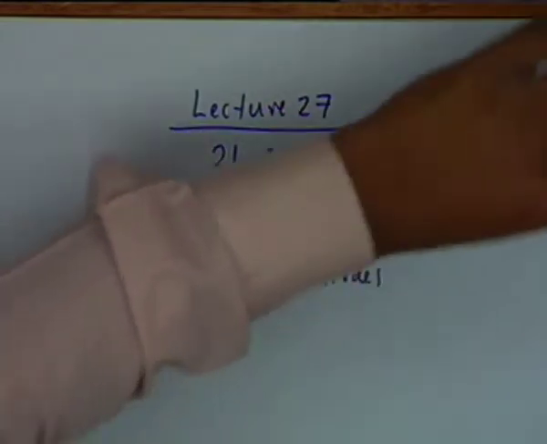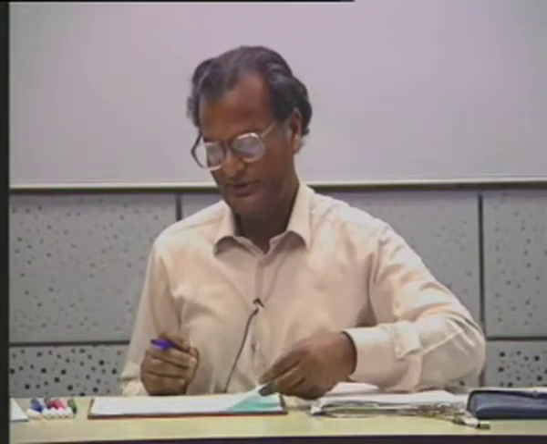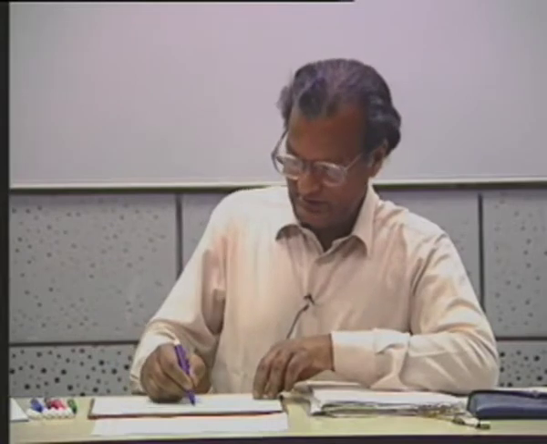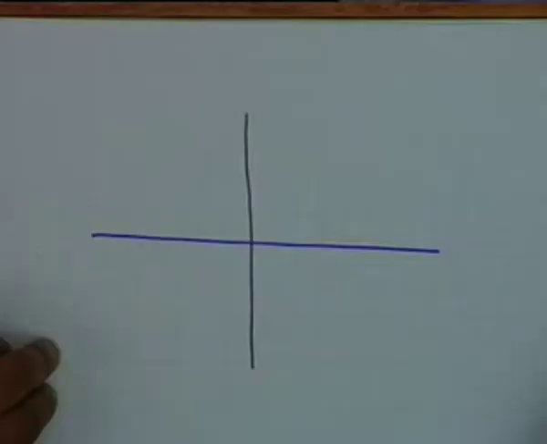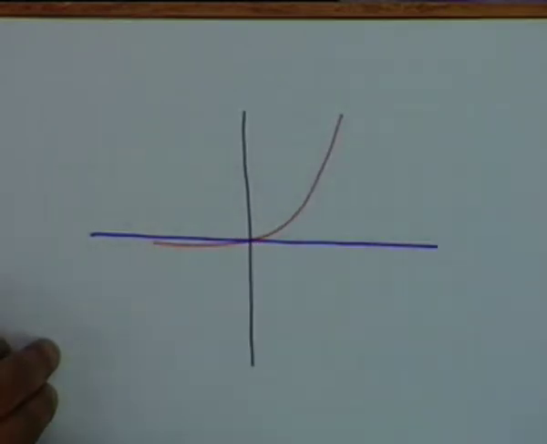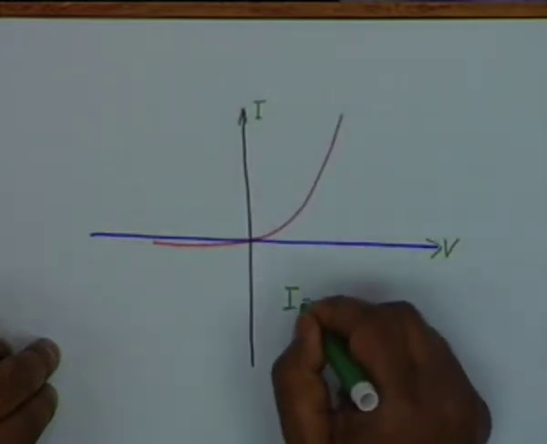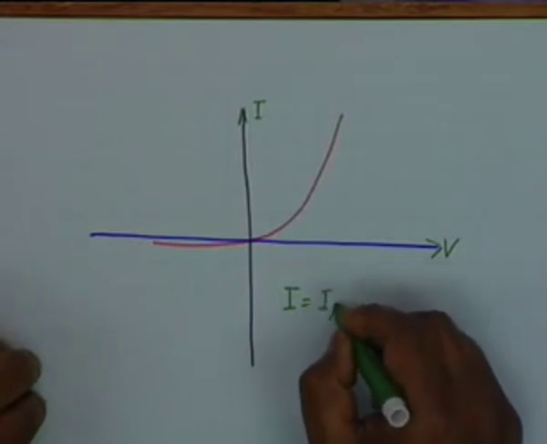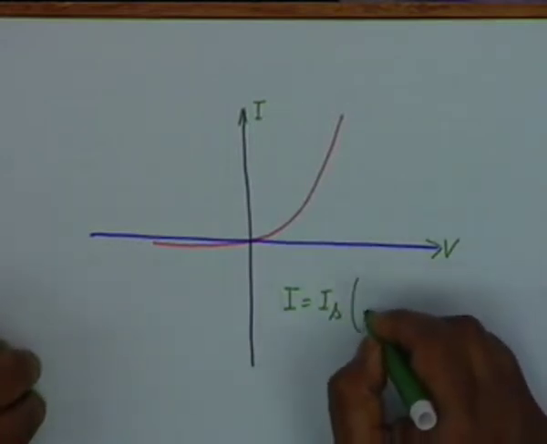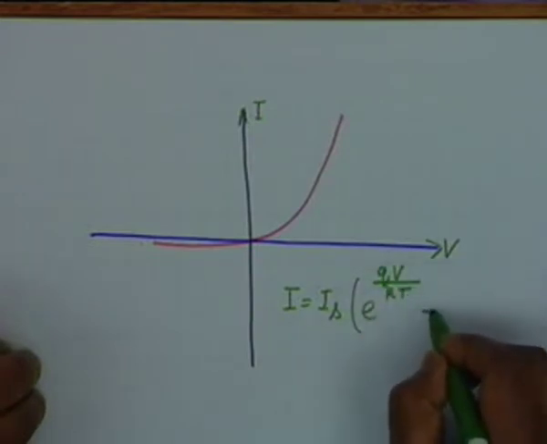In the last lecture, we had commented that a normal diode which is not allowed to go into the breakdown region, that means if we confine our attention to this region, then the equation to the curve, if this is I and this is V, is represented by I = Is (e to the power qV divided by kT, minus 1).